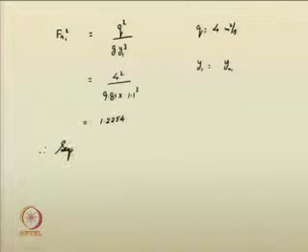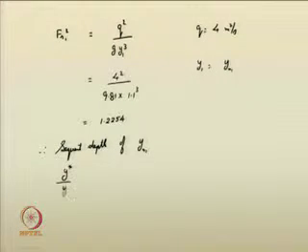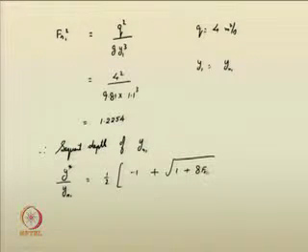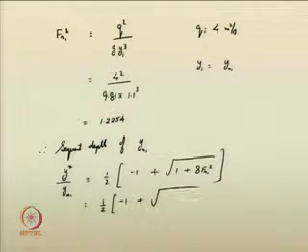Therefore, the sequent depth of yn1 can be computed by the following relationship: y star by yn1 is equal to half of minus 1 plus root of 1 plus 8 Fr1 squared, because this is a rectangular channel. So, half into minus 1 plus root of 1 plus 8 into 1.2254. From this ratio, y star, that is the sequent depth, is equal to 1.258 meter.